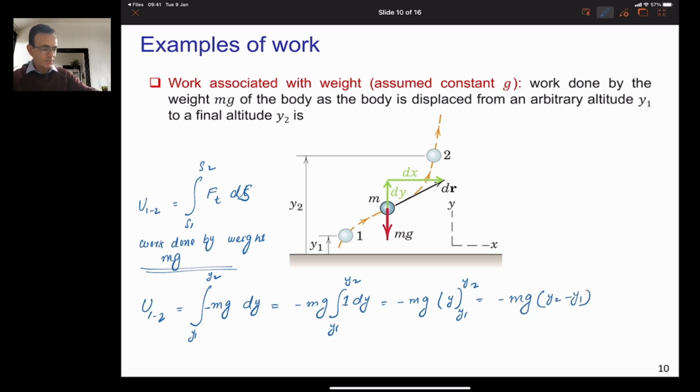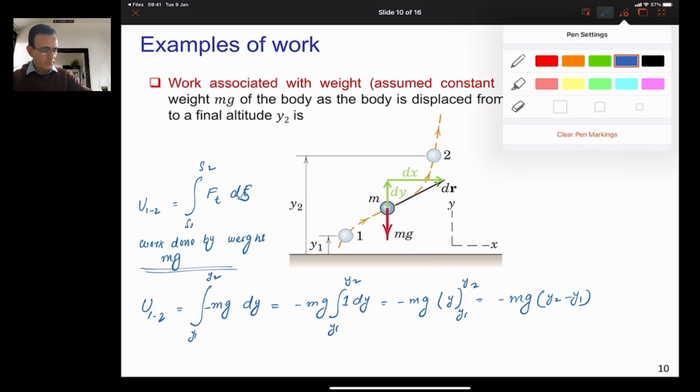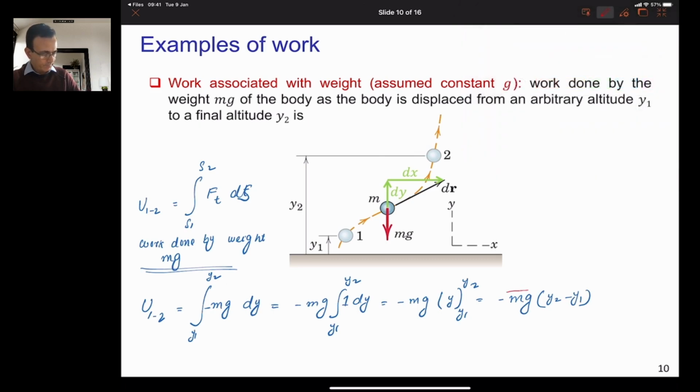Okay, so now in this case, if you look at this equation here, this is the work done by the weight when the body moved from position 1 to position 2. So if you look at this term, which is mg into y2 minus y1, because y2 is greater than y1, this term is positive, and we have a negative sign here.